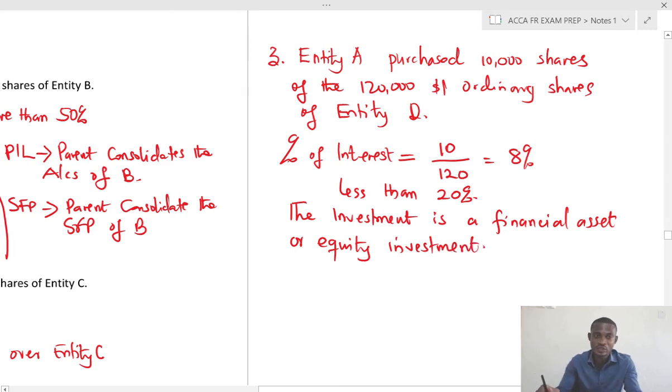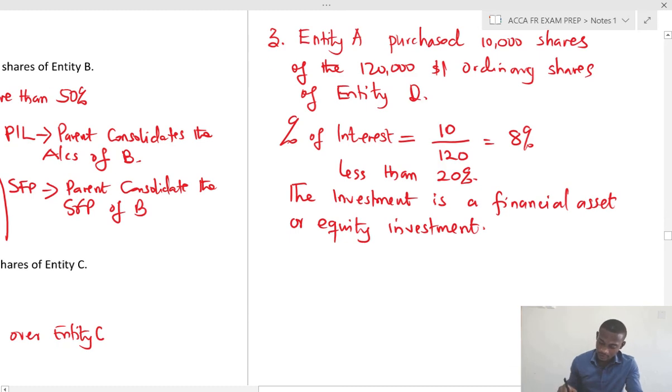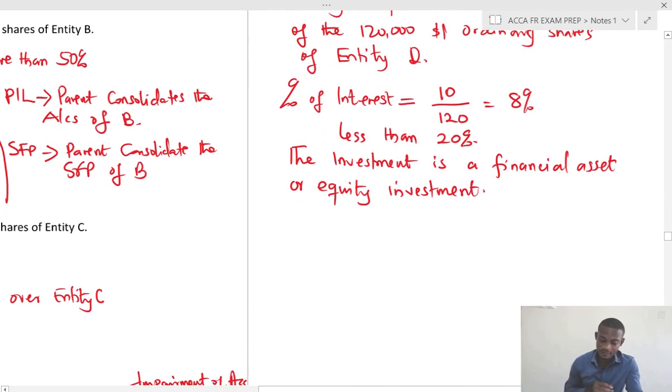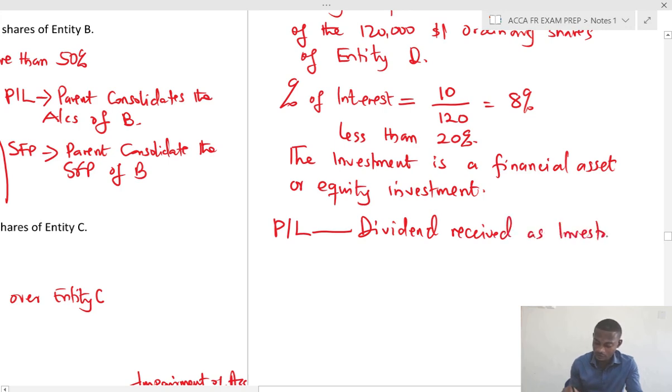It is not an associate, it is not a subsidiary. Now, accounting for it in the P&L, the entity would show the dividend received as investment income. So it will be investment income in the consolidated P&L.